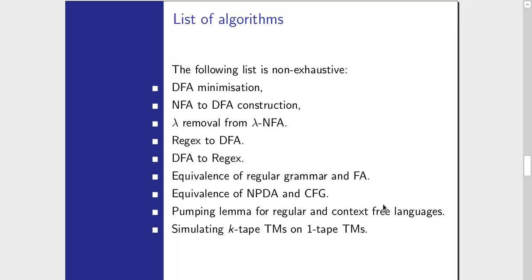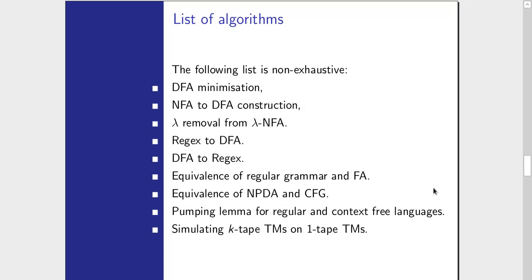Okay, so here's a partial list of algorithms that we're going to cover in the lectures, just to make you aware that we are going to cover algorithms. We're going to look at different types of finite state machines, deterministic finite automata and non-deterministic finite automata, and we're going to figure out how to move between the two models, or representations of the same model, I suppose.